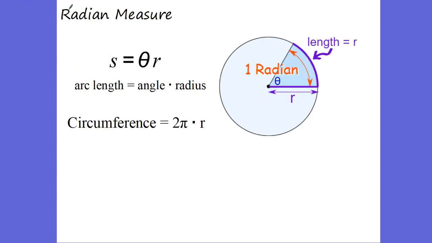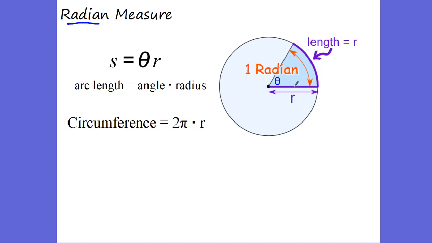We've mainly been measuring things in degrees in our lives: 0 degrees, 90, 180, 270, 360 degrees. But we're going to start measuring in a new measurement called radians.